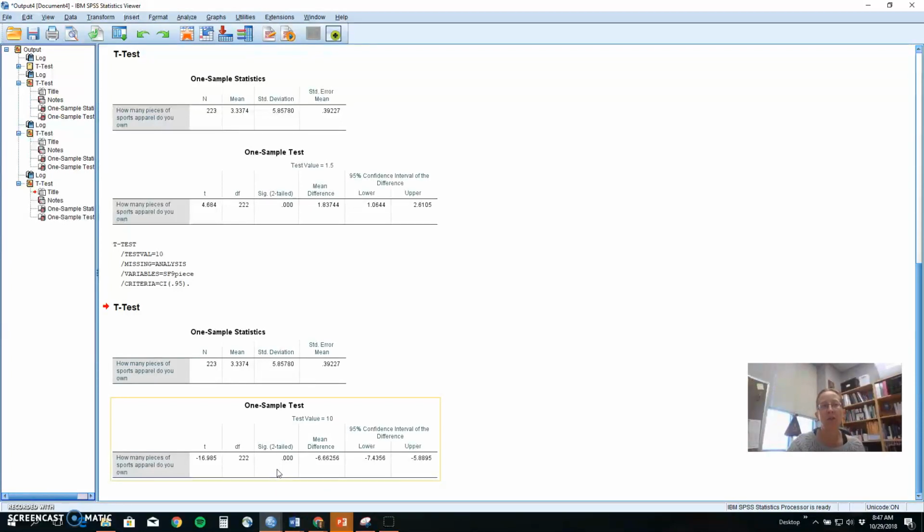SPSS doesn't have a default way to do a one-tailed t-test. So if we wanted to do a one-tailed test where we thought, hey, psych students definitely have more sporting apparel than the population, and we wanted to put all of our bets on one side of the distribution, we would need to use the tables in the back of the book to look up the one-tailed t-values and figure out what that particular t-value would need to be for a one-tailed test.